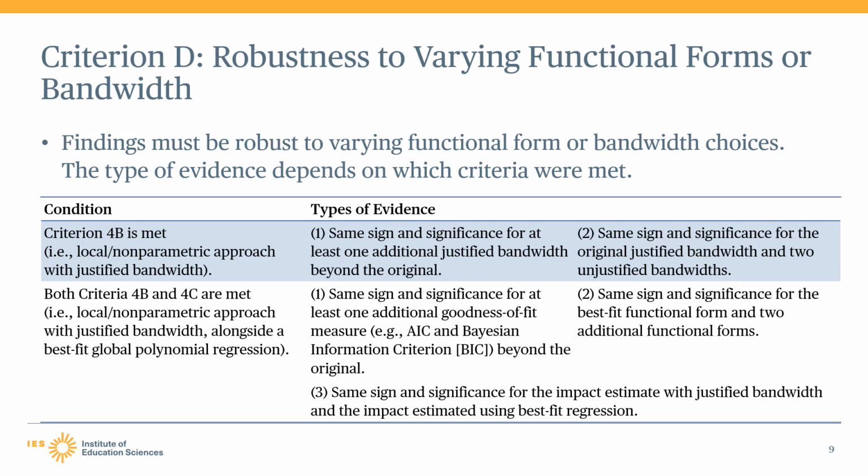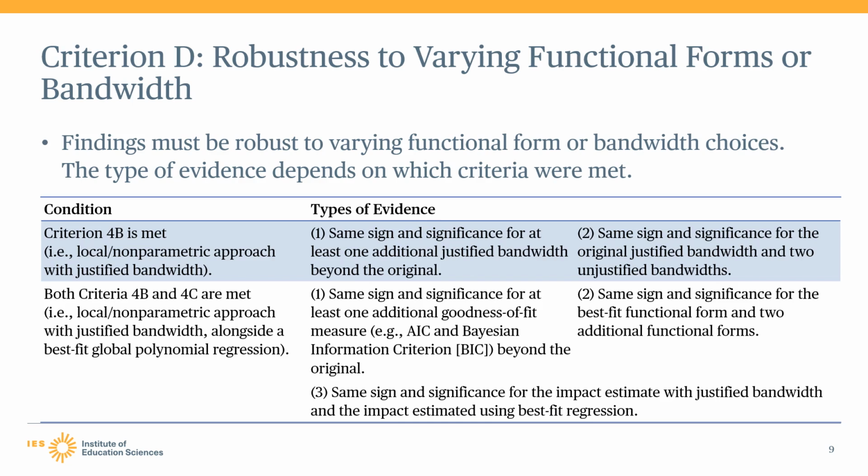As we have discussed, some studies may not estimate intervention impacts within a justified bandwidth, but instead may use best fit regression modeling approaches, such as global polynomial regression approaches, or they may use some other local approach with an unjustified bandwidth. If a study finding fails to satisfy RDD criterion 4B, then it is not necessary to consider the robustness requirement.